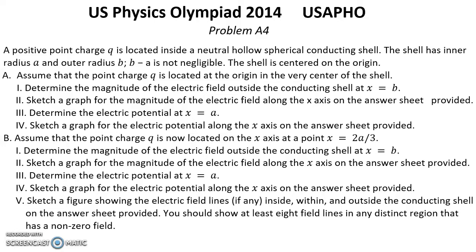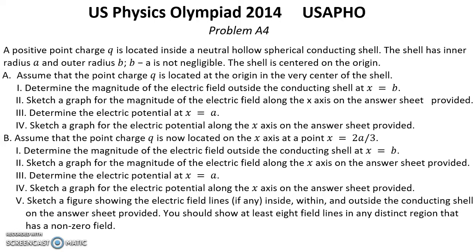Sketch a graph for the magnitude of the electric field along the x-axis on the answer sheet provided. Question 3. Determine the electric potential at x equals a. Question 4. Sketch a graph for the electric potential along the x-axis on the answer sheet provided.